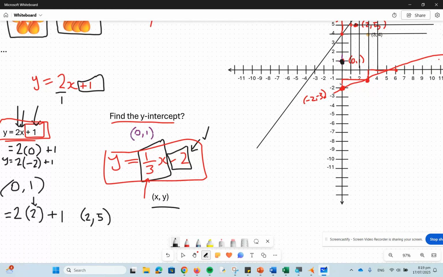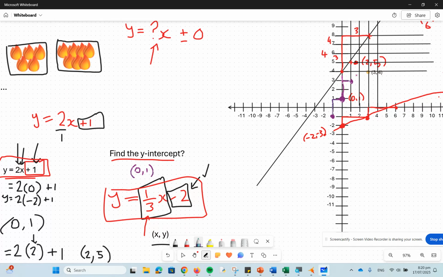That means you have to go up 2 and across 1. So if we go back to our graph, I'll use a different colour, and I plot the plus 1, there. If I go up 2, 1, 2, and then across 1, here's my second point. And if I go back 1 and then down 2, there's another point.